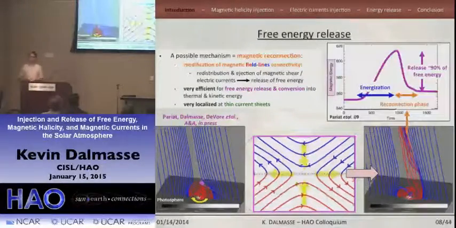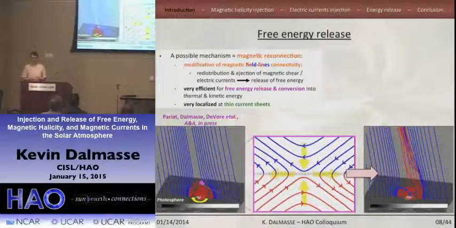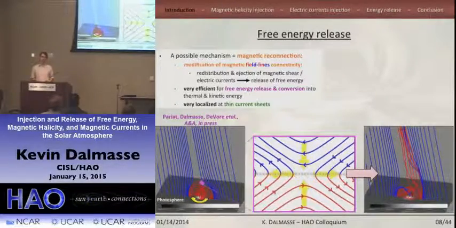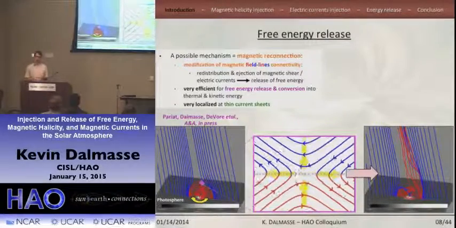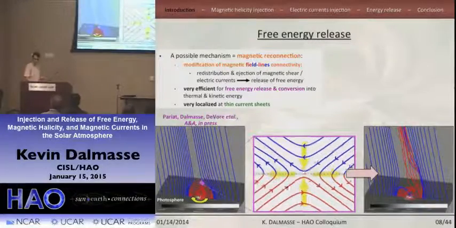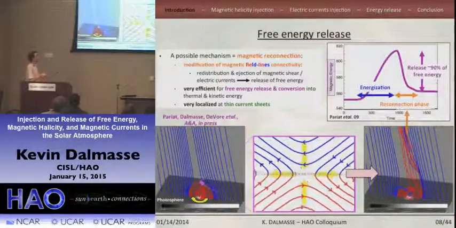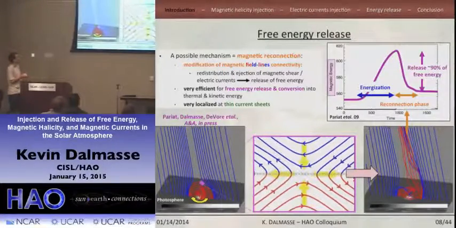This modification of the magnetic field leads to the redistribution and the ejection of magnetic shear and electric current, and hence of free magnetic energy. And here you can see the evolution of magnetic energy in this MHD model.